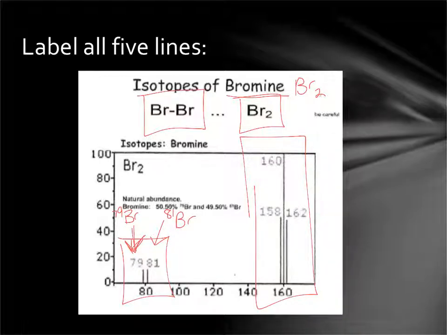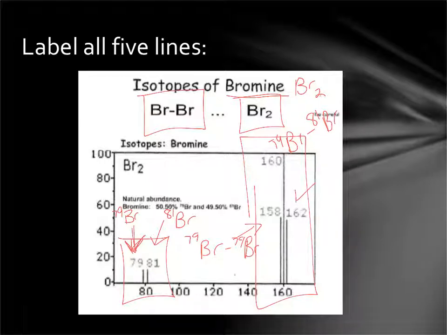Now here are your diatomics. The one with the mass of 158 would have to be a bromine 79 attached to a bromine 79. The 160 is kind of like your dihybrid here. It's a bromine mass of 79 diatomic with a bromine mass of 81.